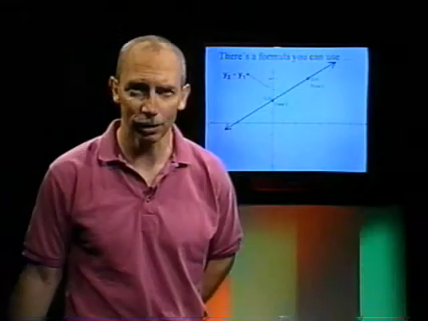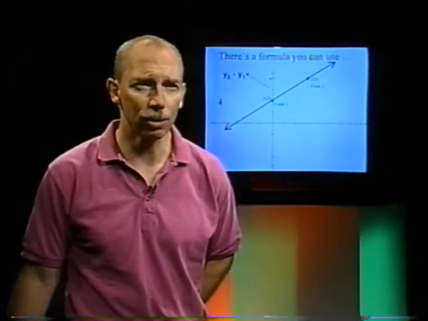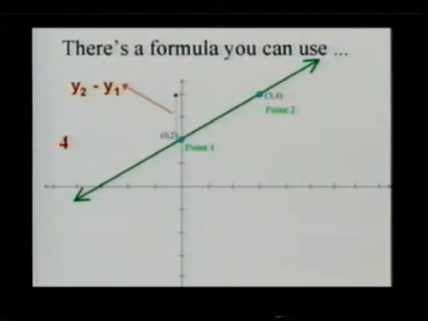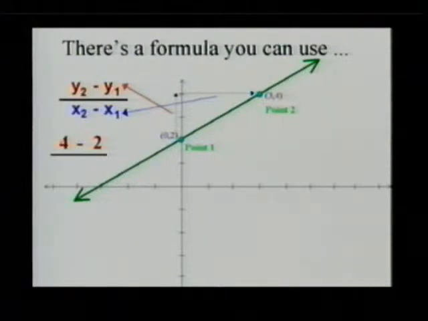It's starting to sound hard. Hang in there. Okay? Well, let's see. The y part of the second point is 4, isn't it? Minus the y part of the first point is 2. So you visually went 4 spaces minus 2 spaces. I hope you kind of did. And that was your rise. The run, you visually actually went the x part of the second point minus the x part of the first point. The x part of the second point is 3. The x part of the first point is 0.